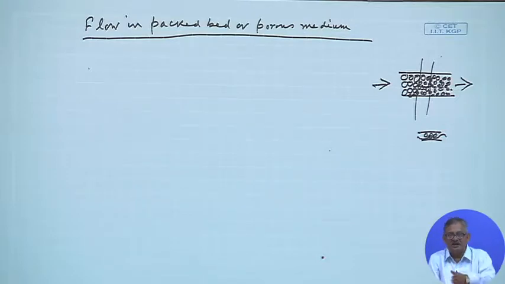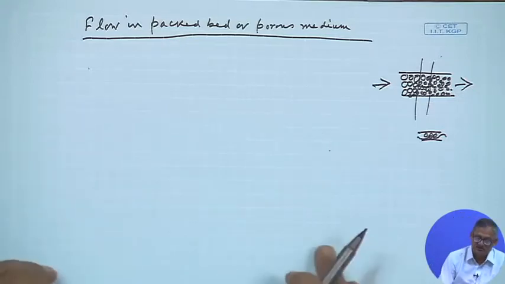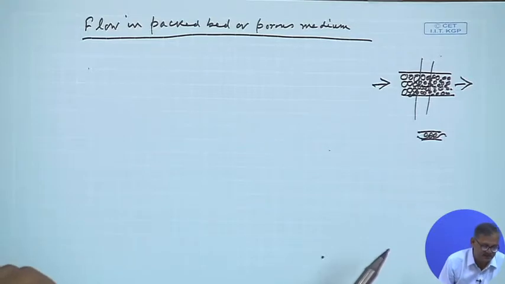So, the fluid can move this way, that way, like that, and when it is moving like that, it is called a porous medium, right. That means, in the medium there are pores through which the fluid can move, right. Now, to go for this, let us now define certain things.